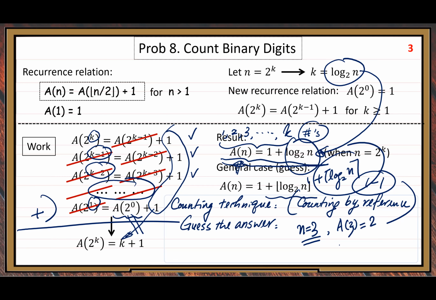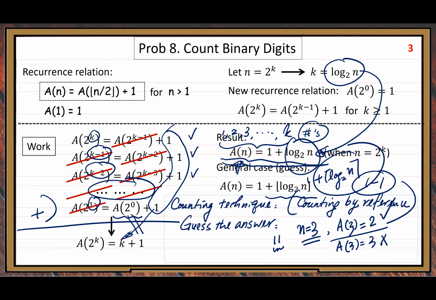But if you use the ceiling version, you will get 3. If you count the bits, 3 is 1, 1, which is 2 bits, not 3 bits. So that's why we take the floor function version and not the ceiling function version. We just do some simple experiment.